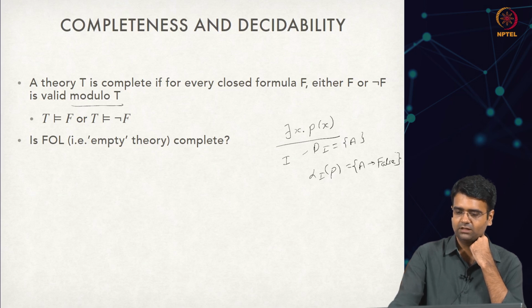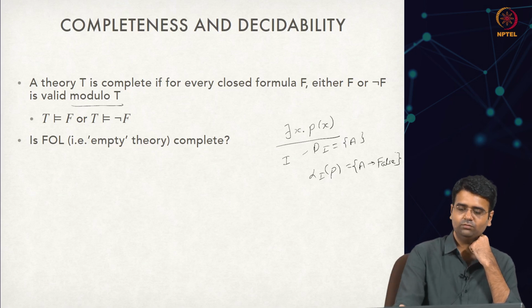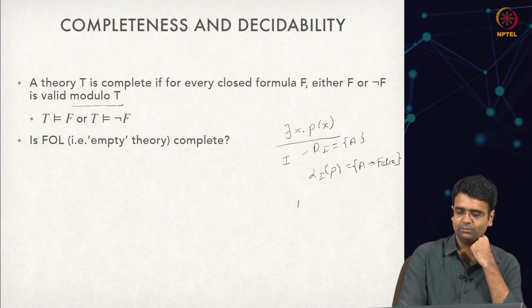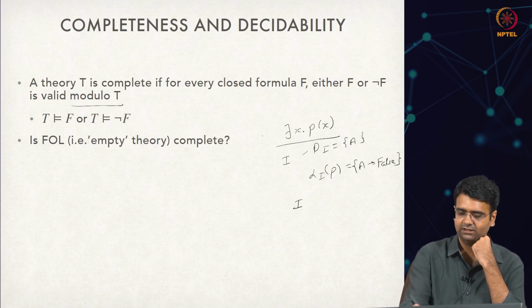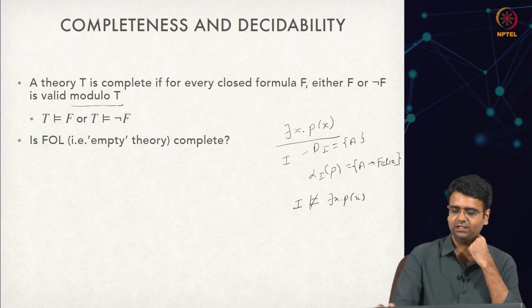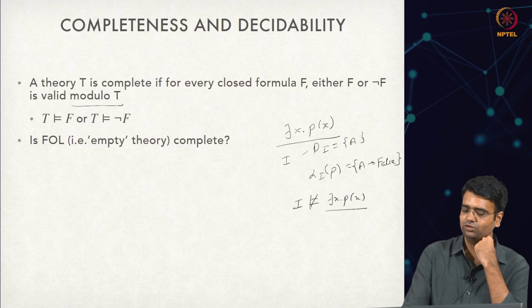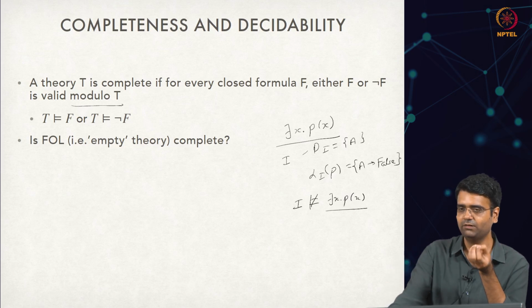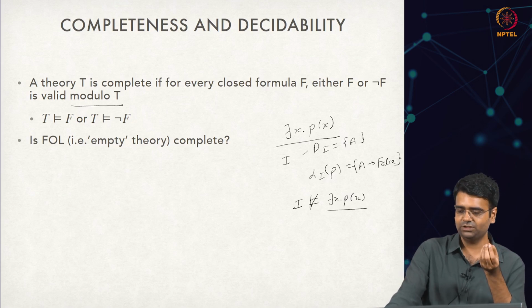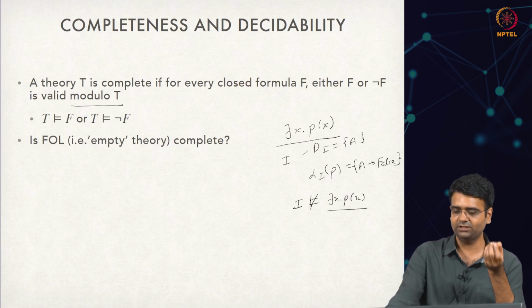So what I claim is that this particular interpretation I is not a model of there exists x P(x). And it's quite clear to see, because for I to be a model of there exists x P(x), there should be an element in the domain of I on which applying this predicate evaluates to true, but there is no such element. So therefore this formula is not valid under the empty theory.